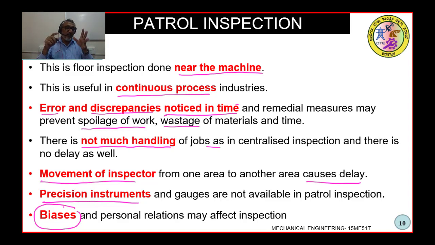In doubtful cases of quality, there will be a lot of discussion and argument between the worker and the inspector, and sometimes the biases of the inspector may affect the inspection. If the inspector is very friendly with the worker, he may accept slightly poor quality. If the inspector is unfriendly with the worker, then he may enforce stricter standards of testing. So this may result in some sort of bias.